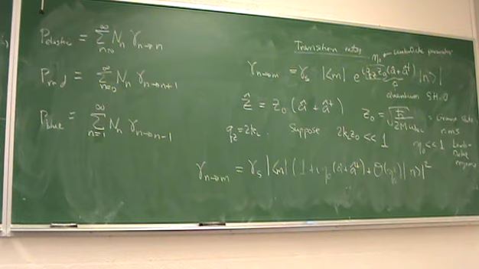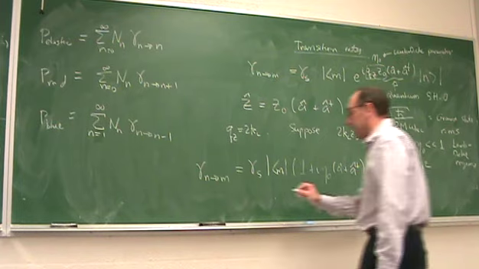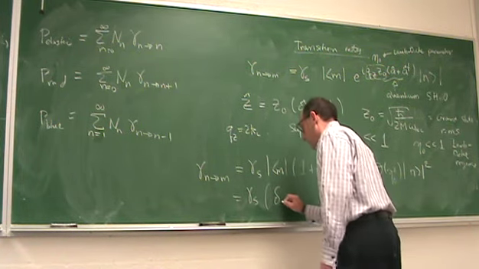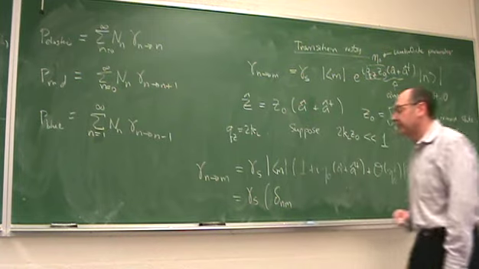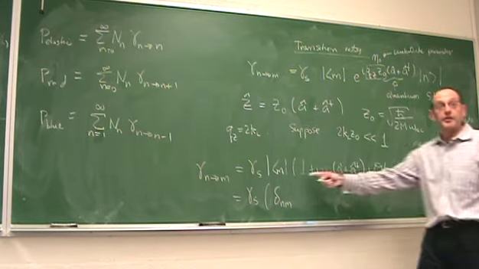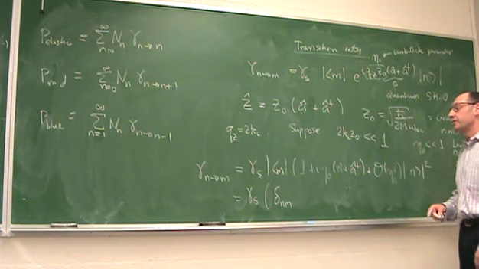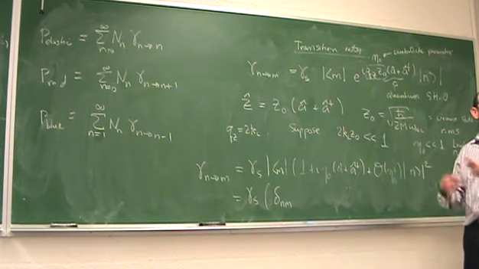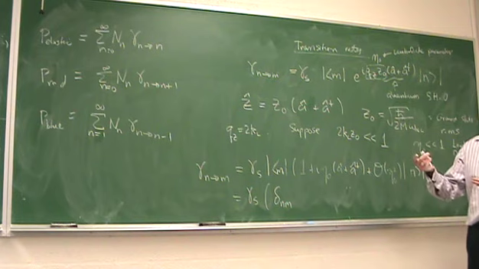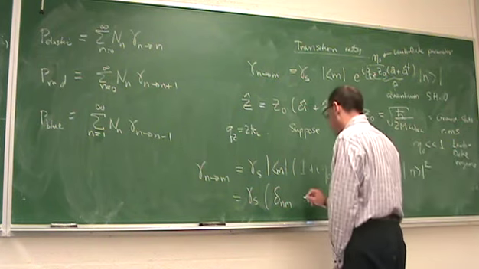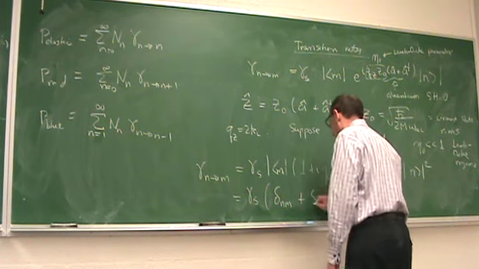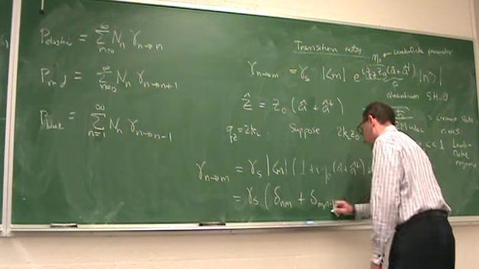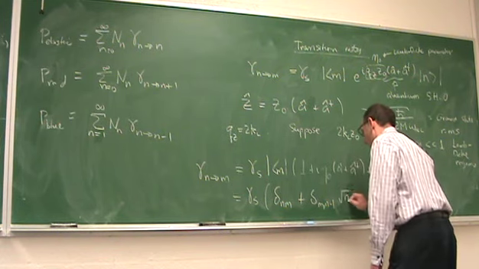Well, this we can do easily. What we see is that this is equal to the scattering rate times a delta function in m, n for the first term. Then we have terms that have to do with going up the ladder by 1 and going down the ladder by 1. Those are the red and blue sideband terms. So plus delta m, n minus 1 times the square root of n.